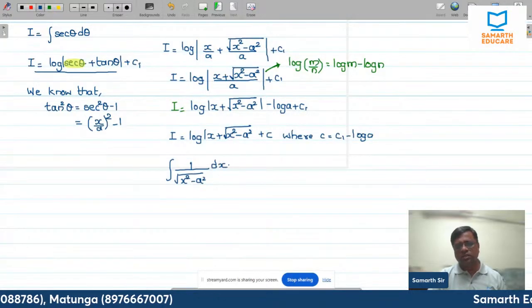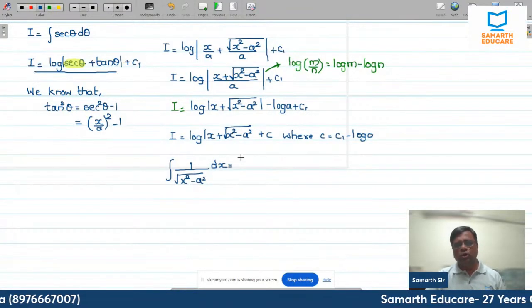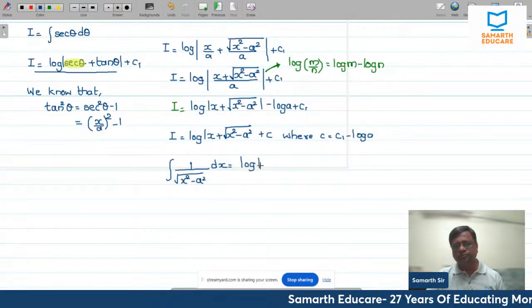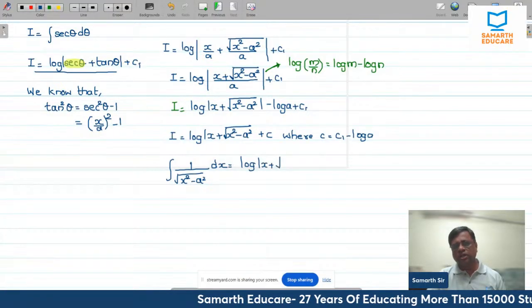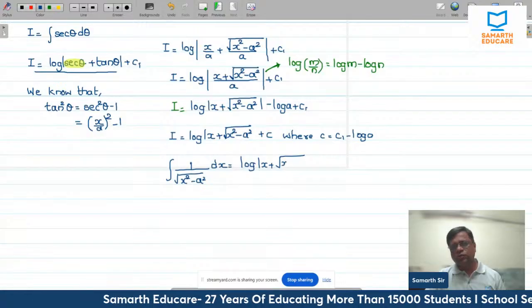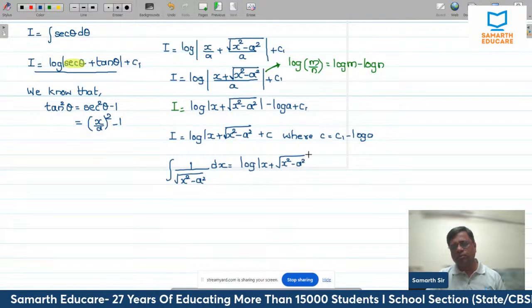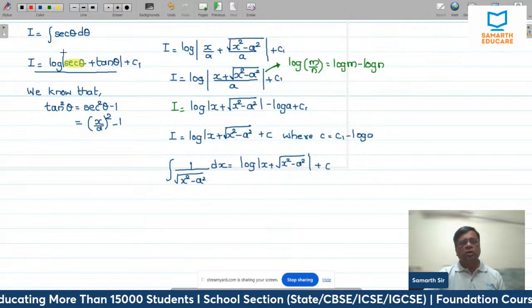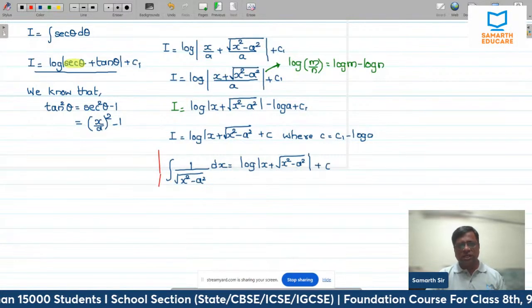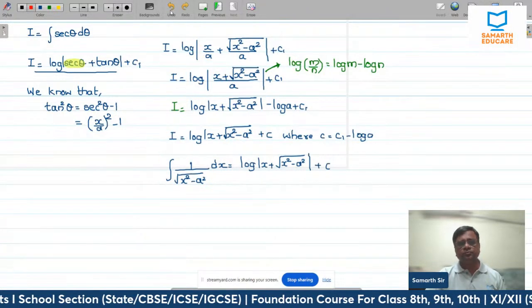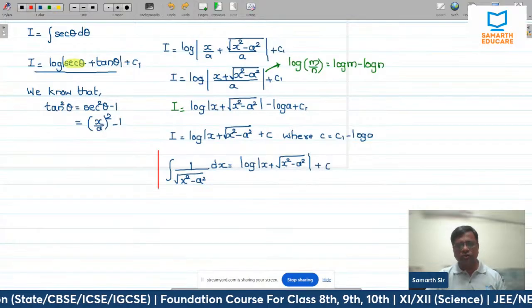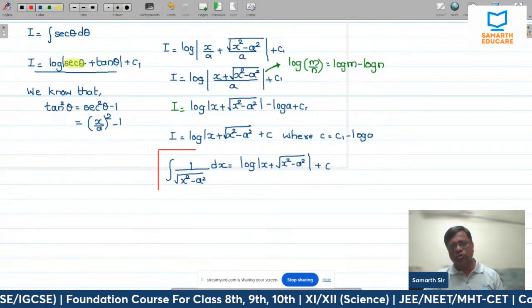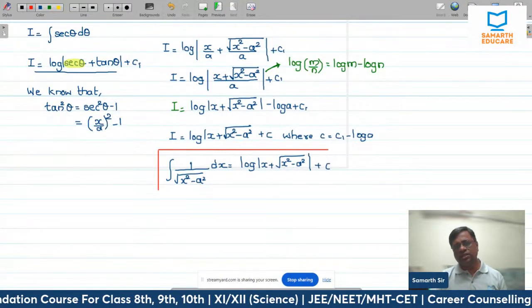Finally, now my new standard form is: the integral of 1 upon root of x square minus a square dx is equal to log of x plus root of x square minus a square plus c. Now, we have finished with the second standard form. The first one was 1 upon root of a square minus x square.